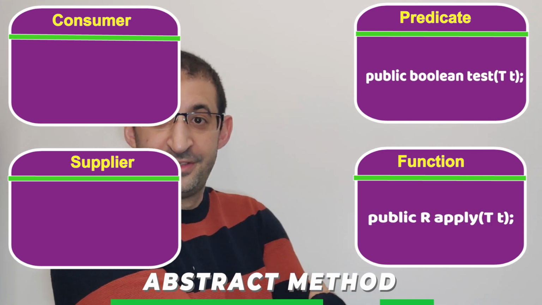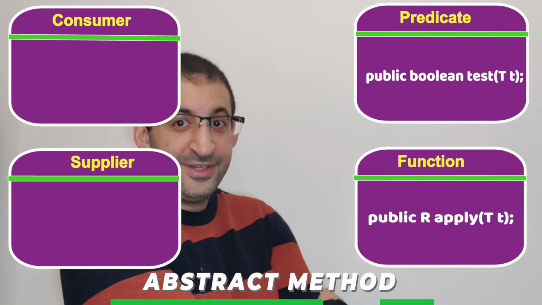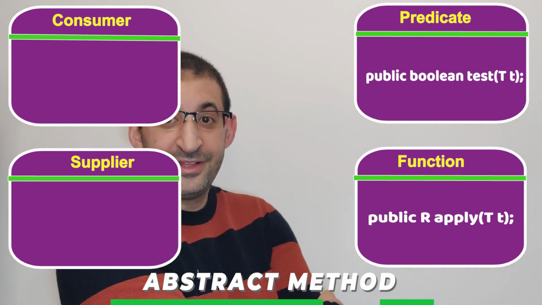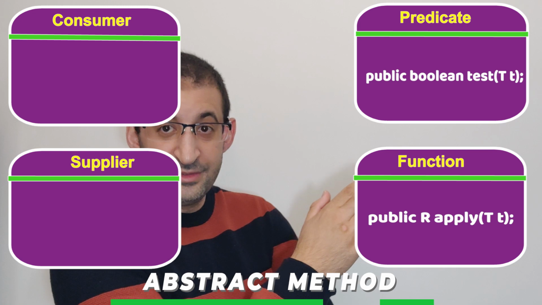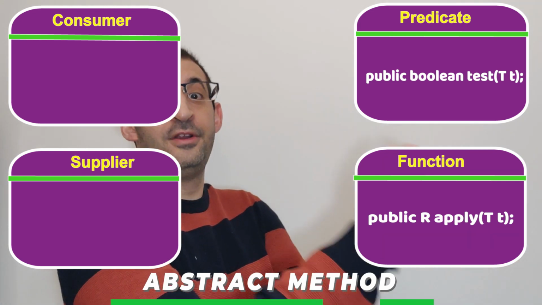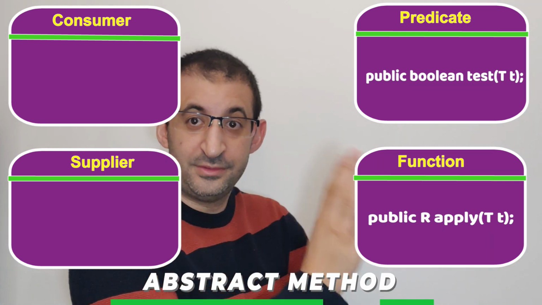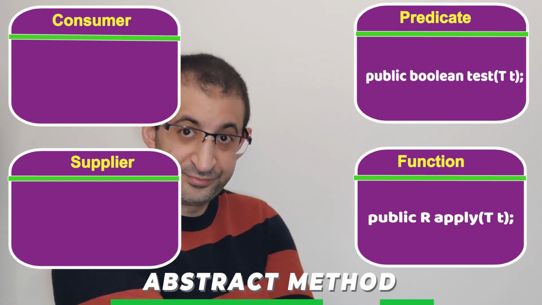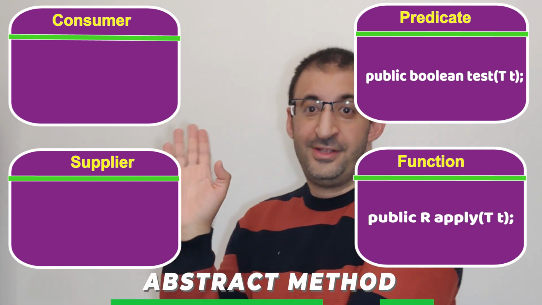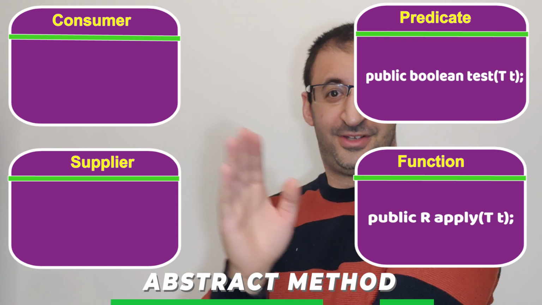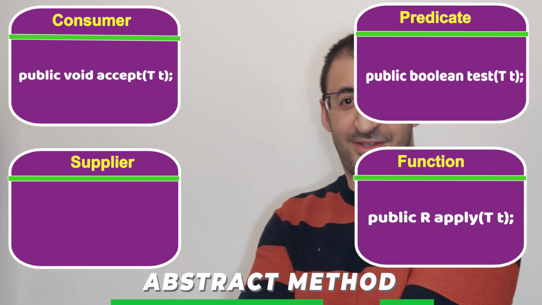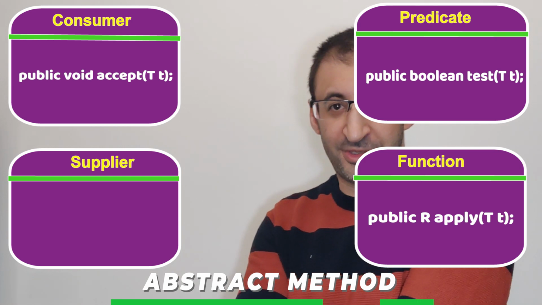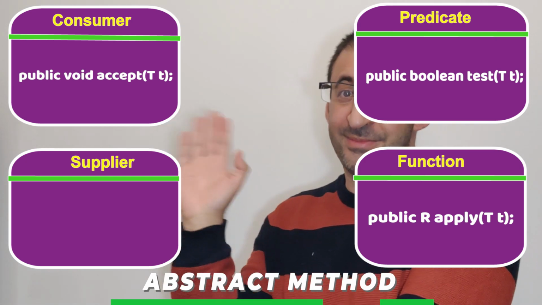For Function, we have the apply abstract method, and we give it a T type as input value and it returns R, any type. For Consumer, the abstract method is accept.